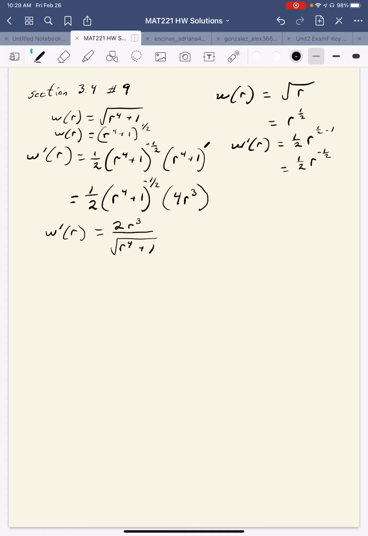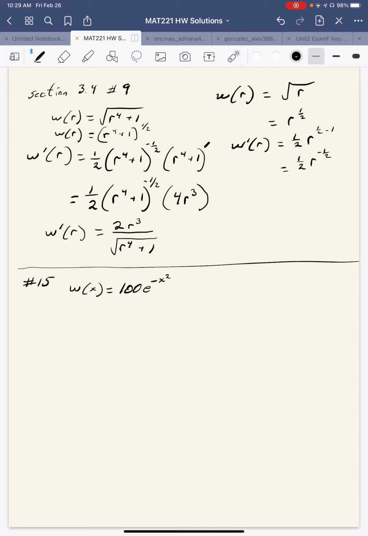Okay, all right, let's look at another problem here. Let's look at number 15. So this is another example of the chain rule. This time we have w of x is equal to 100 e to the negative x squared.